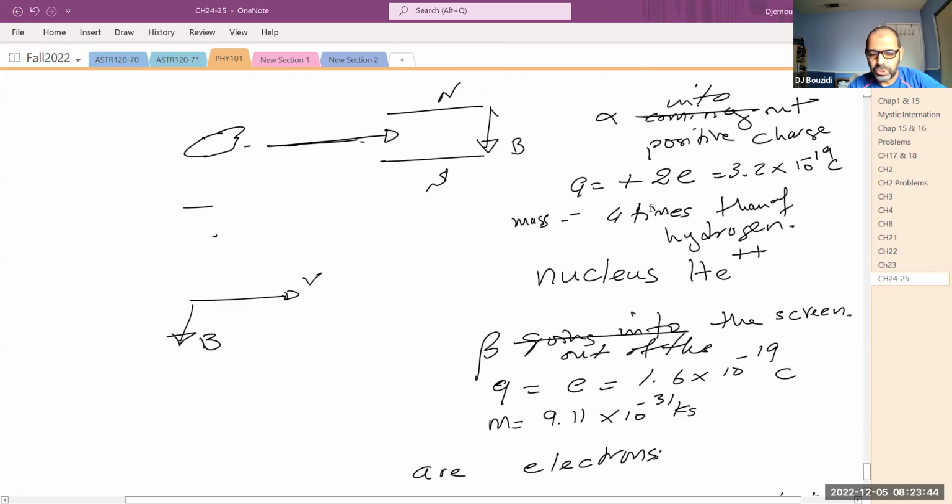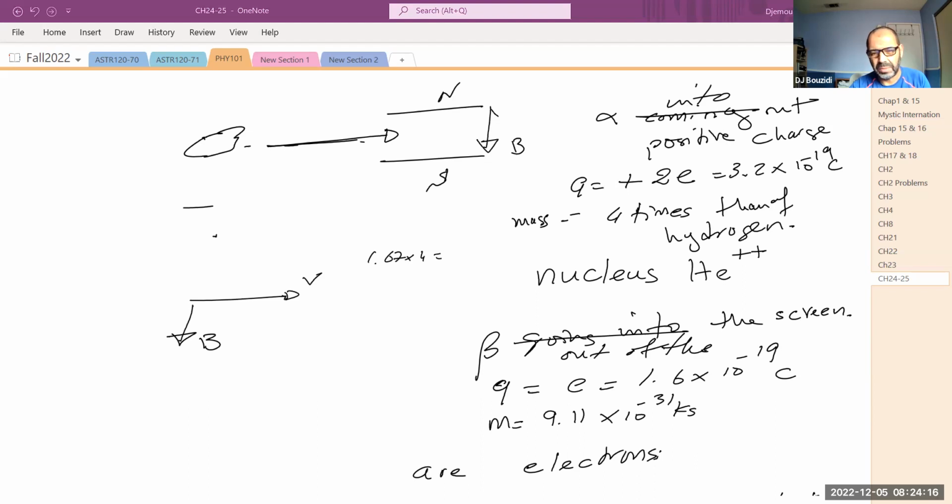Remember, this is a big mass. This is 4 times 1.67 times 10 to the negative 27. So what is 1.67 times 4? Let me pull up the calculator quickly here. I don't have a shortcut for it, so I'm going to search for it. So 1.67 times 4, 6.68.